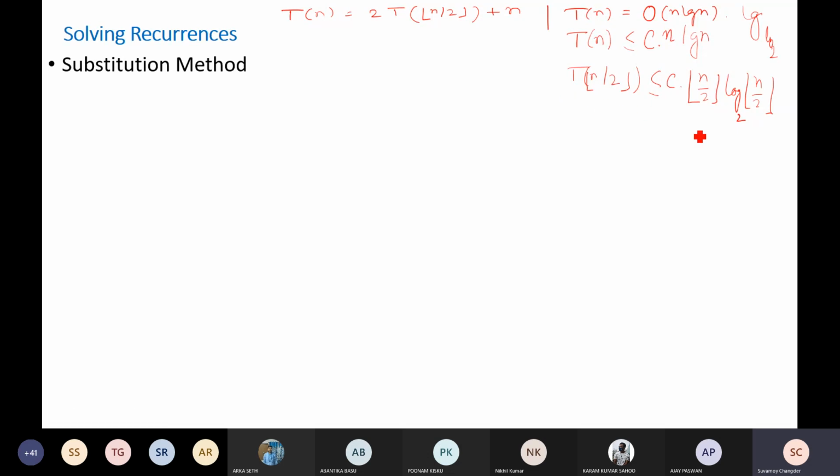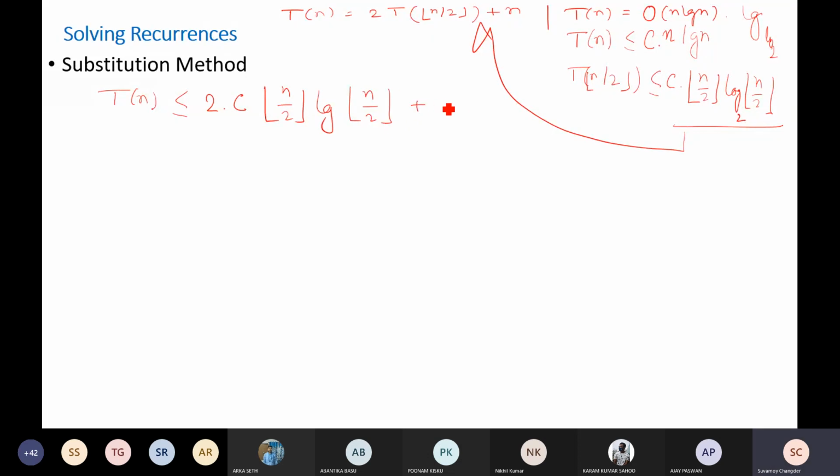Now substitute this value into the given equation. So what will we get? We will get Tn is less than or equal to 2 C n by 2 log of n by 2 plus n. Simply we have replaced, that means substituted this one.